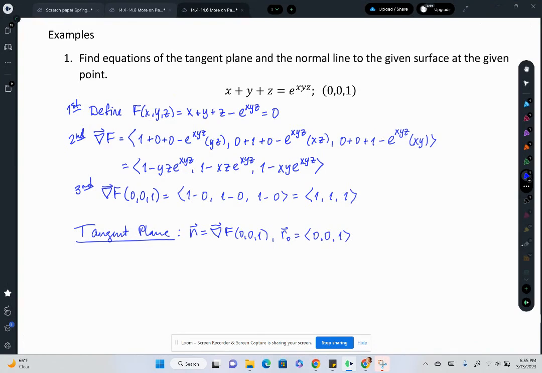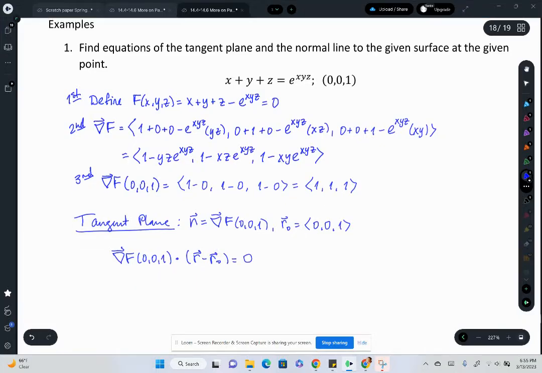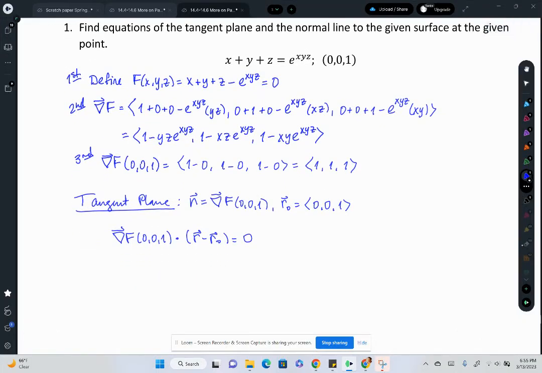So the equation of a plane says we take the dot product of del f of 0, 0, 1 with r minus r naught and set that equal to 0. That's our good old-fashioned formula from before.